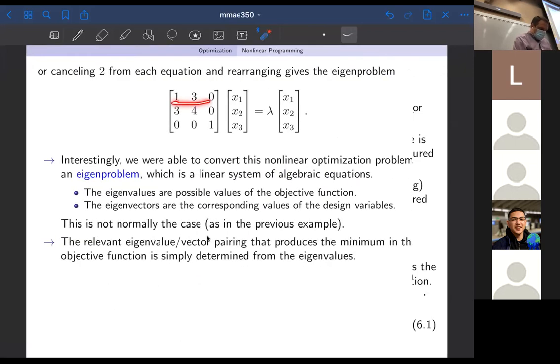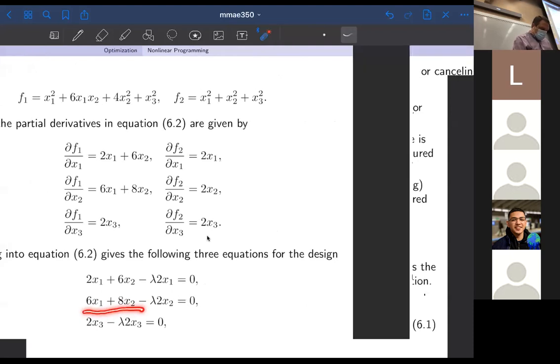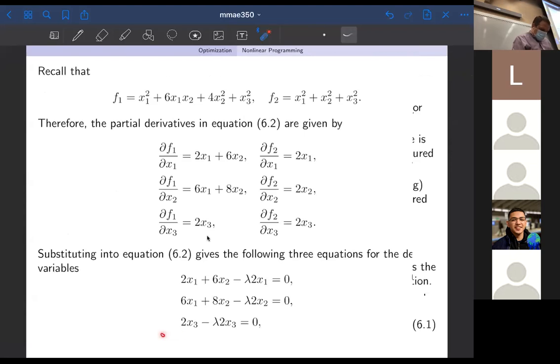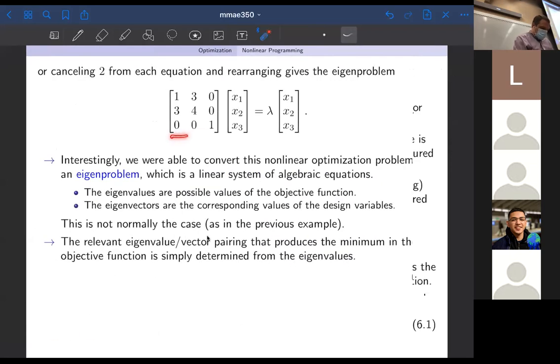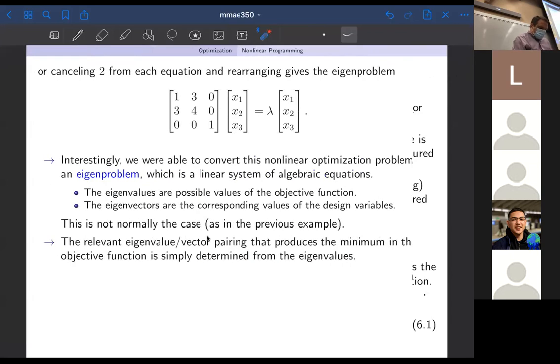And then 3, 4, and 0. And finally, 0, 0, 1. And then on the right-hand side, bring this over, and the 2's have all canceled. So I just have x1, x2, x3 on the right-hand side all times lambda. So this is simply an eigenproblem.